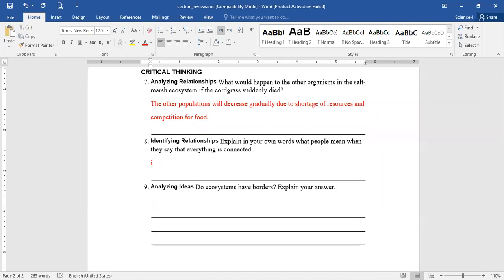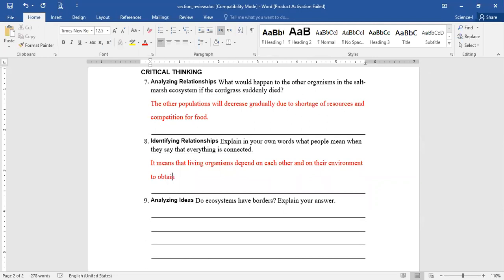So we can say it means that living organisms, as you said, depend on each other and on their environment to obtain their needs of food or matter and energy.